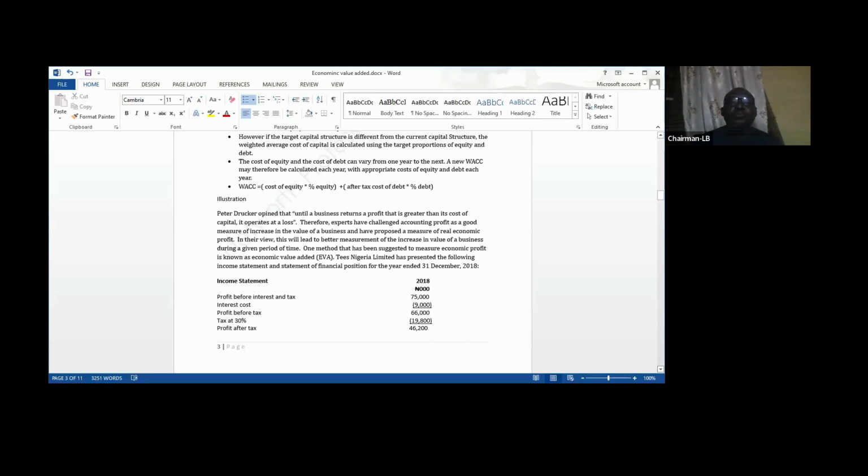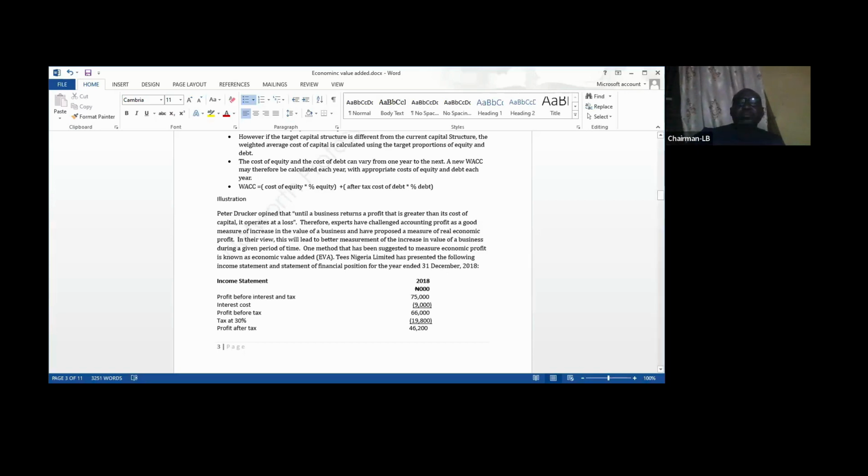In their view, this will lead to better measurement of the increase in value of a business during a given period of time. One method that has been suggested to measure economic profits is the economic value added.